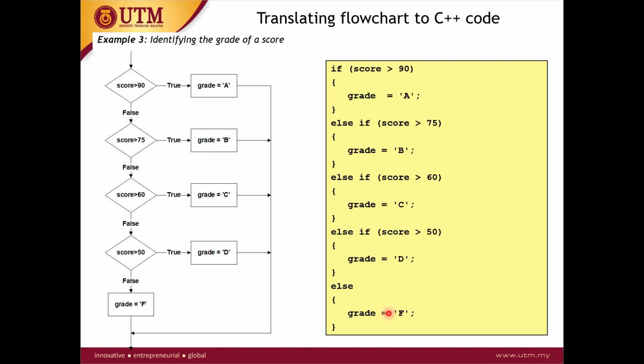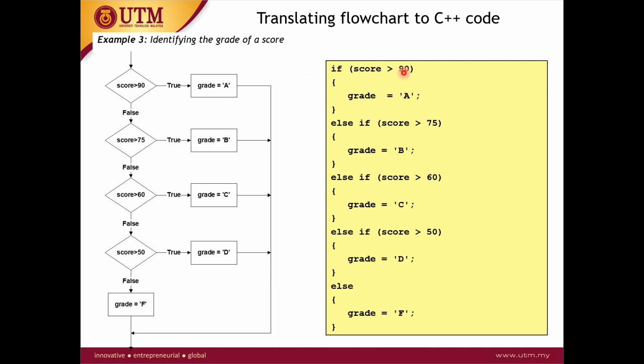Let's take a look at this example. Let's say we identify the grade of a score. If the score is greater than 90, come to execute this one. If it is false, it must be something else. If it is greater than 75, the grade is B, and so on for the other values.